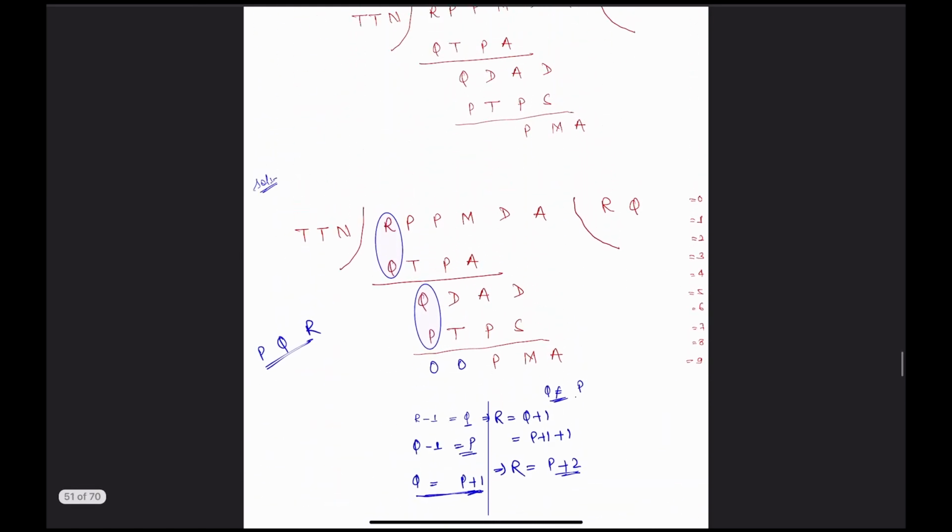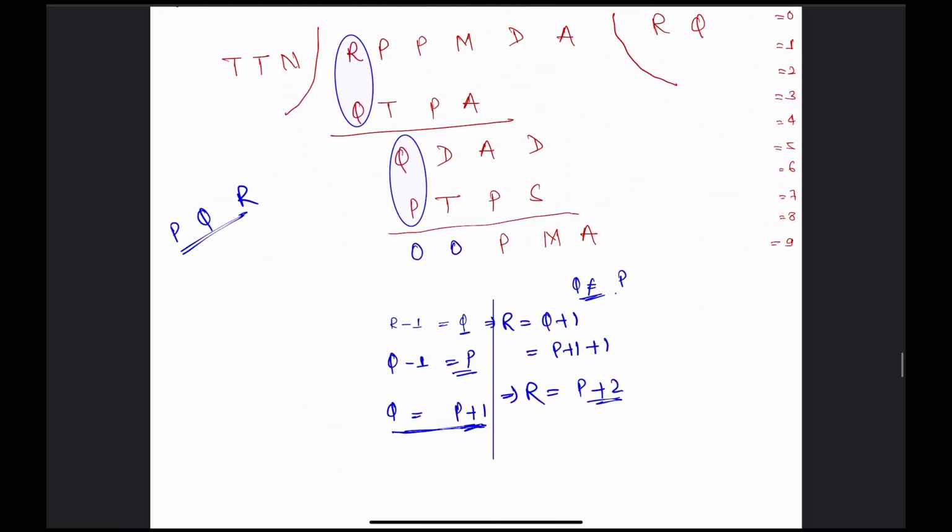So as of now we did so many things, but all we know is these things: D minus 1 equal to T, first thing.